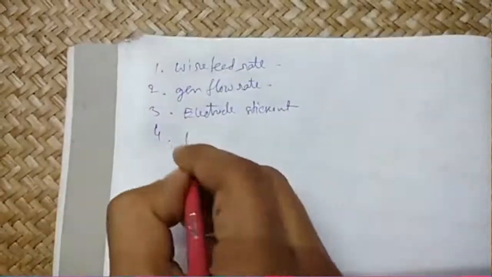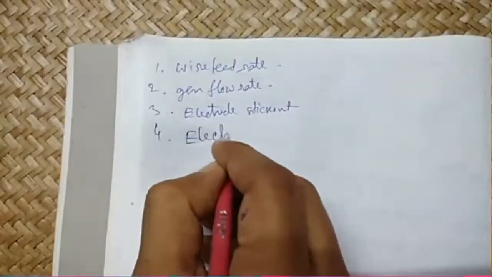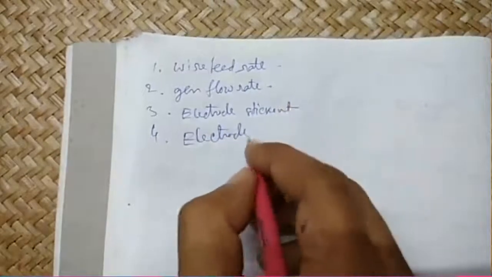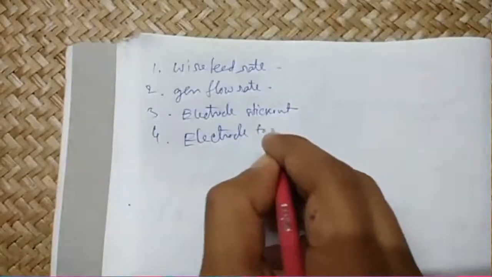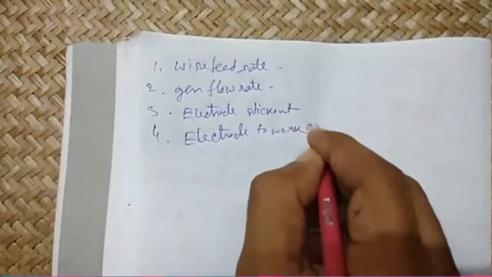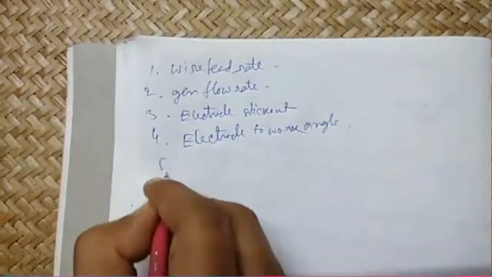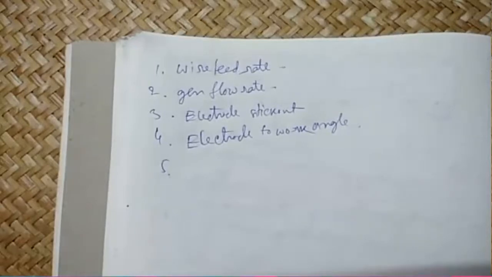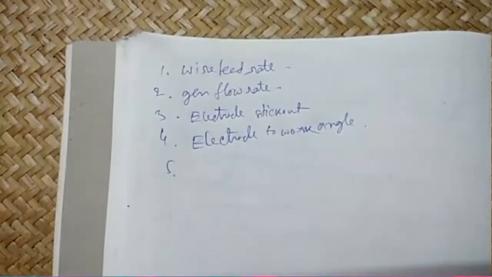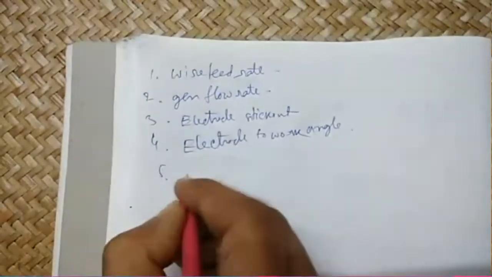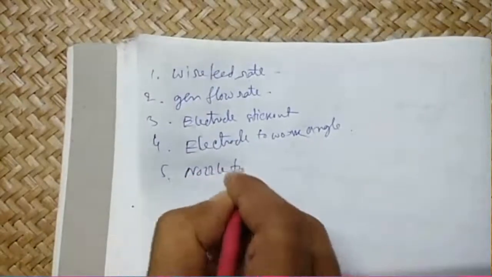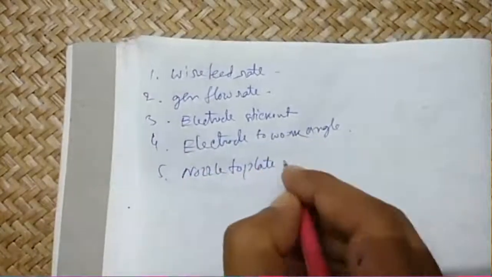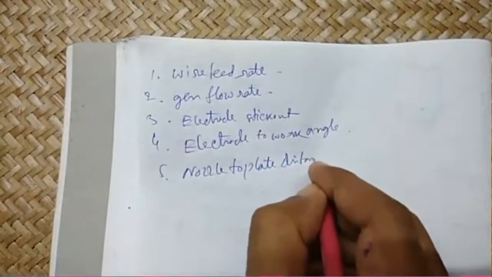Electrode to work angle, for automated purposes, is kept about 60 to 70 degrees, and nozzle to plate or work distance.